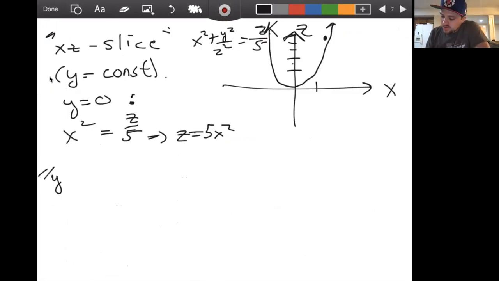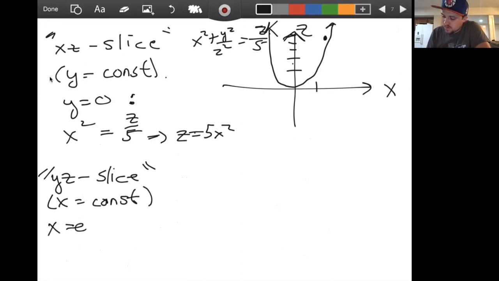What about the yz, or a slice parallel to the yz plane? Well, this is when x is a constant. And so again, let's just let x be 0 here, because plugging in 0 still gives us useful information. If we plug in x equals 0 to the original function, then we have y squared over 4 equals z over 5.